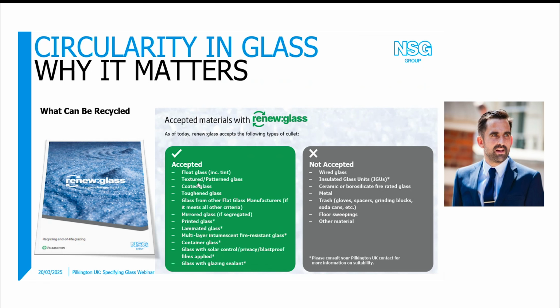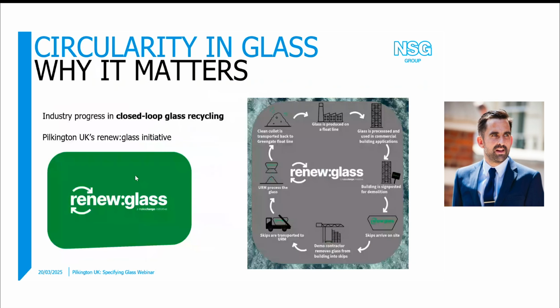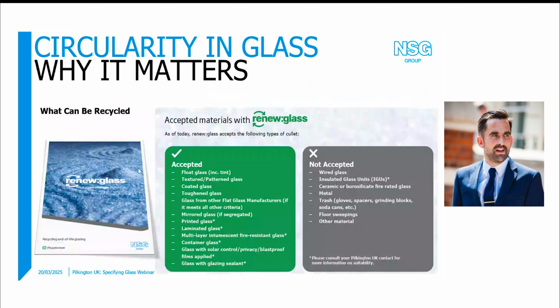So float glass, textured or patterned glass, toughened glass, coated glass, as I mentioned before. Those coatings, the solar control coatings and low-E coatings, are microscopic, so they pose no issues at all. And various types, laminated glass, printed glass, they can all be recycled as well in certain ratios.